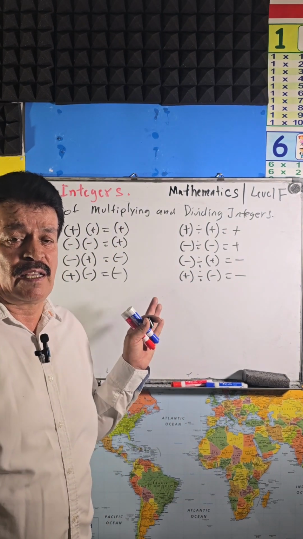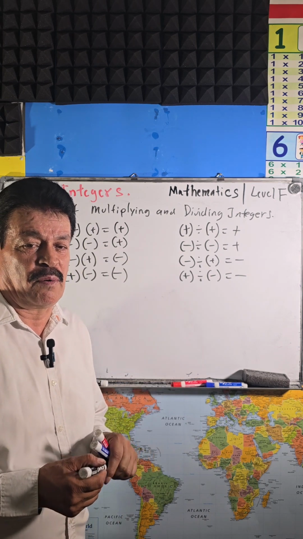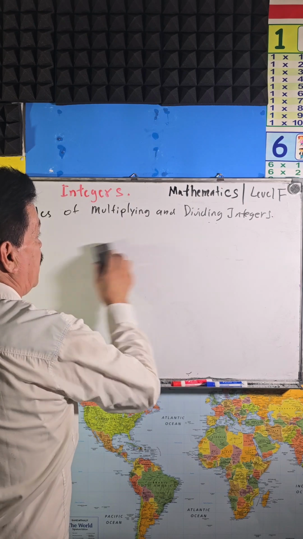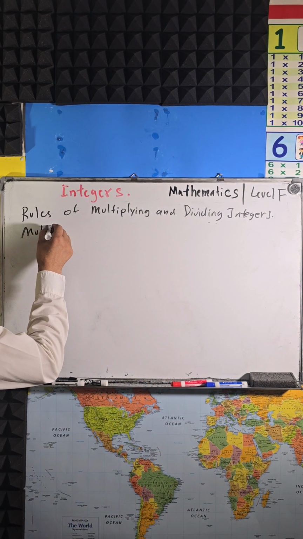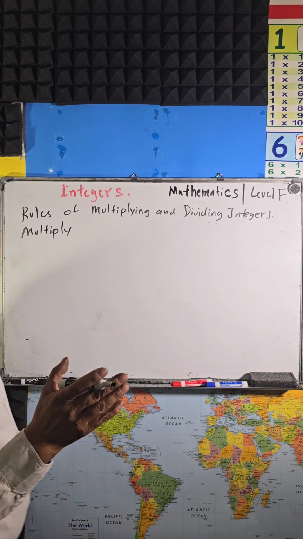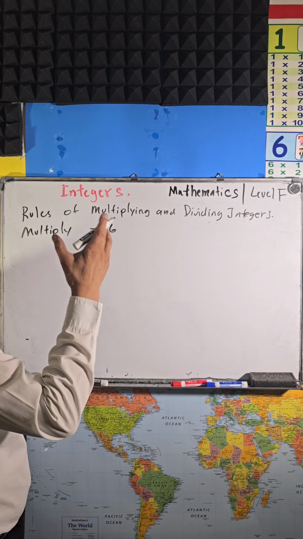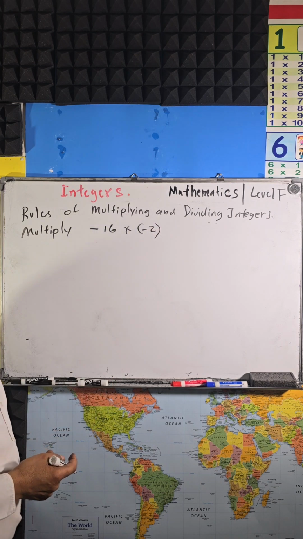It's very easy. It's better when we apply it in the actual problems, right? So let me show a couple of problems here. So multiply negative 16 times negative 2. How do we solve this problem?